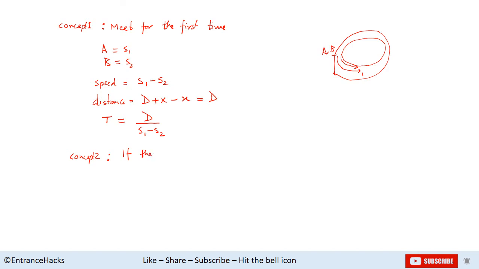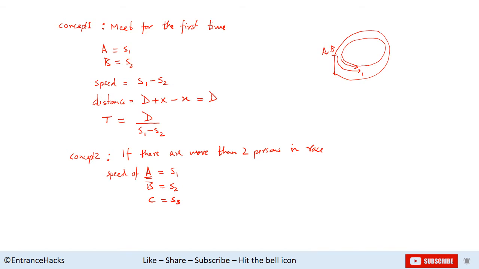Okay, so let's say the speed of A is s1, the speed of B is s2, and the speed of C is s3. Now let's say A is the fastest runner.